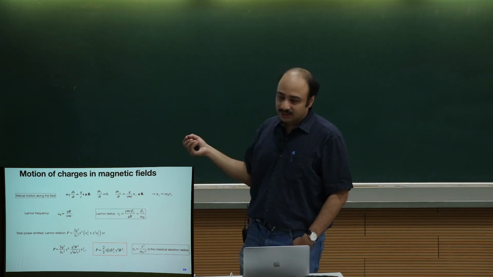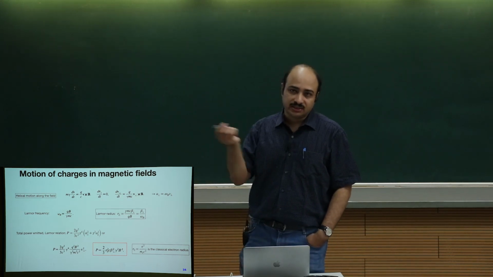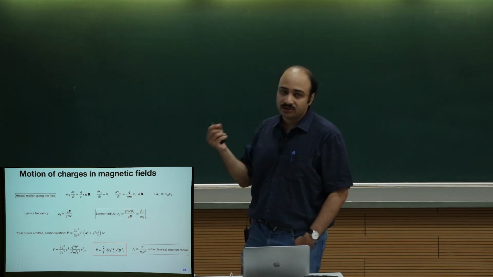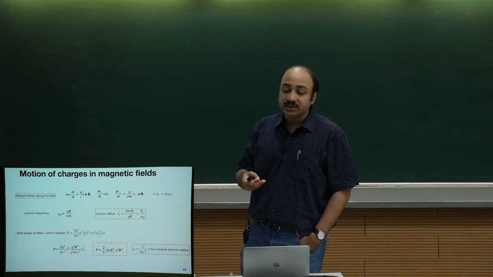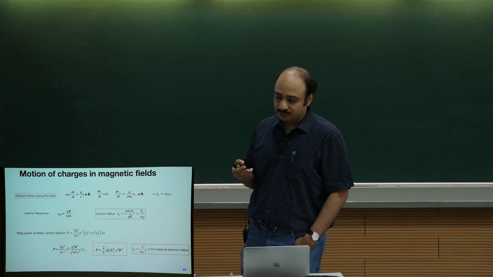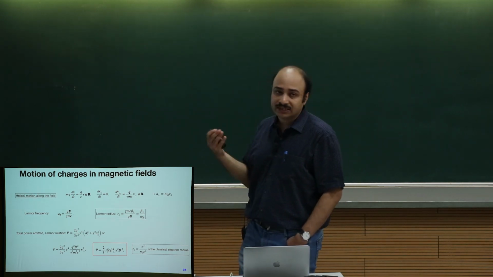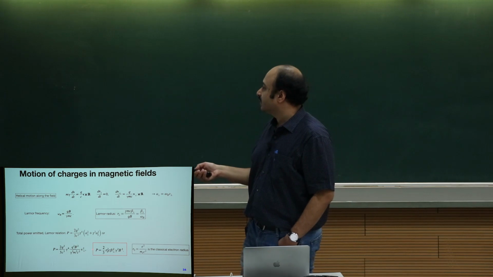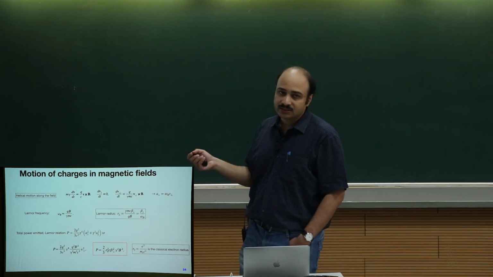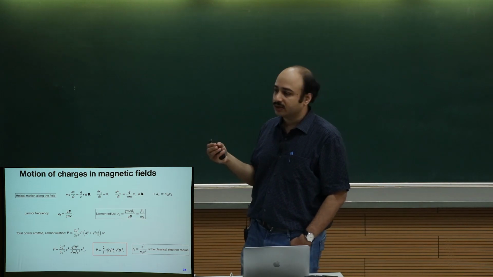This will most likely be electrons gyrating along magnetic fields, because electrons are more easily excited to very high speeds due to different acceleration mechanisms. A few things to be noted here. One is the Larmor frequency. These are basic things you must have already learned in electrodynamics.